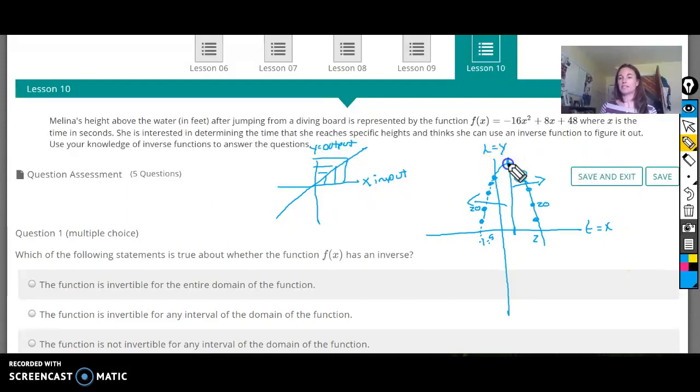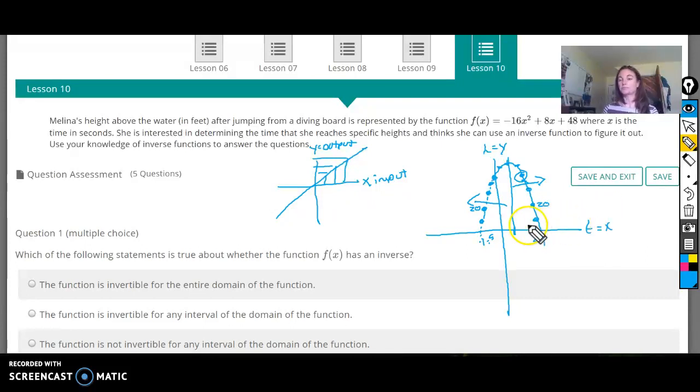Even if, let's say that my ultimate height was 50 feet, and I wanted to find out when I hit 49 feet, well, I'll hit 49 feet at 0.5 seconds and at 1.5 seconds. I don't know exactly where those are, but there's going to be 2 different times that are going to give me that same output, which is why we have to limit that domain.